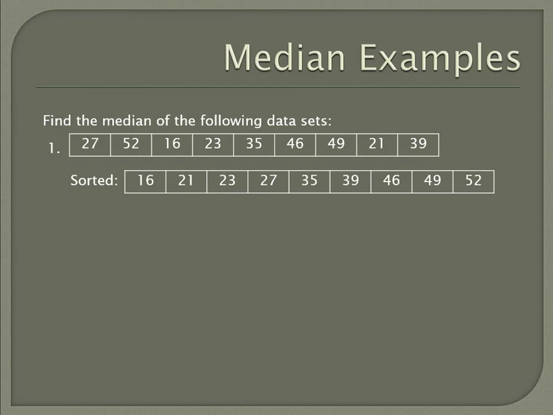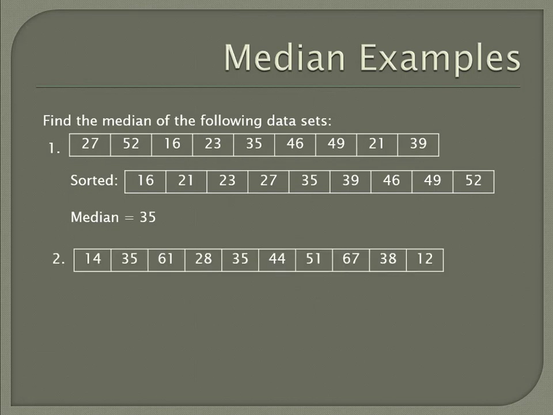Now, I need to sort those data values. So I chose to do it from the least to the greatest. You can do it from greatest to least. It doesn't make any difference. Now, the median is the middle data entry in that sorted data set. And because there's an odd number of data values, the middle value, which is 35, is my median.